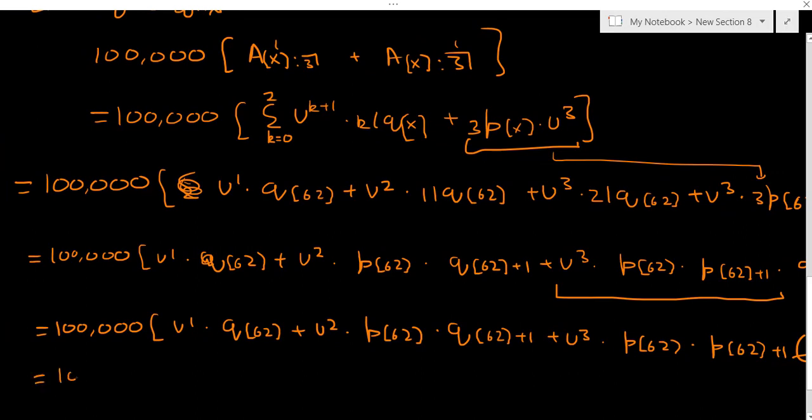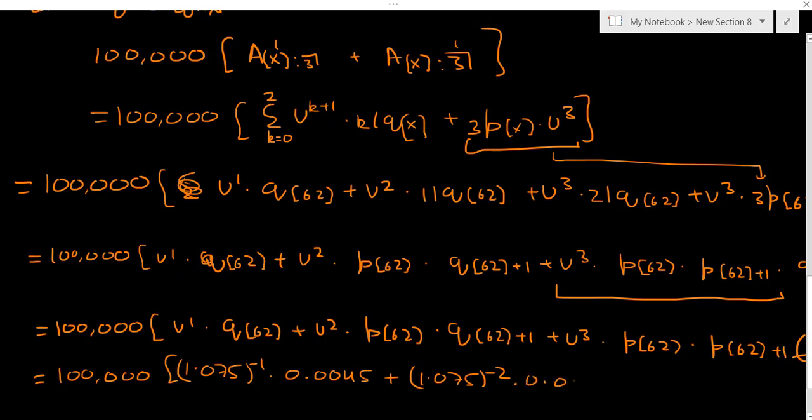Let's just find the answer. This just becomes 100,000 into v to the power of 1, that is 1.075 to the power of minus 1, into q62, as we found out the value earlier, this was 0.0045, okay, plus 1.075 to the power of minus 2 into p62, which is 0.9955, into q62 plus 1, which is 0.00667.